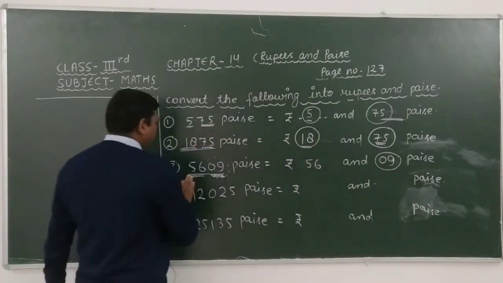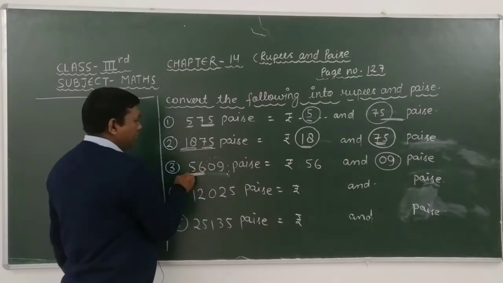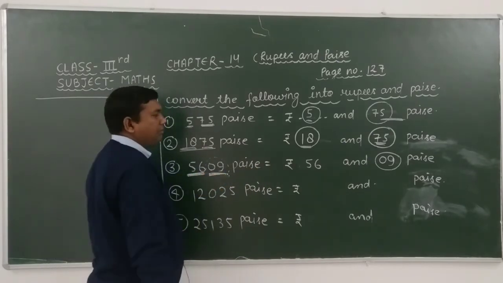So 5609 paise is equal to 56 rupees and 9 paise.